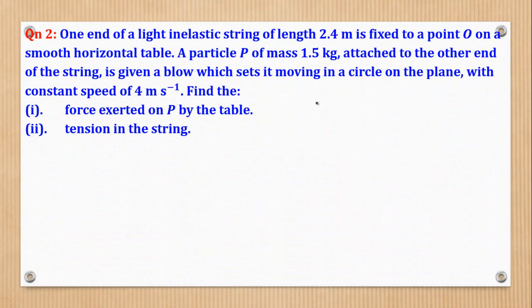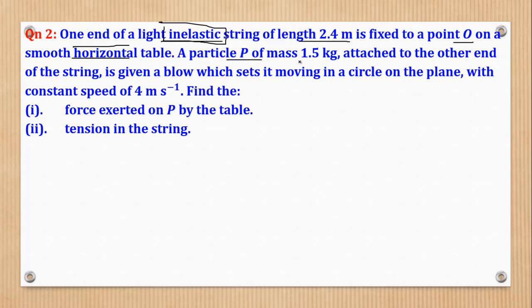That was question 1. Question 2, one end of a light inelastic string. So I'm interested in this word, it is a keyword, because along the way we shall realize that sometimes the string can be elastic. But for now, in this example, the string is inelastic, of length 2.4 meters, fixed to a point O on a smooth horizontal table.